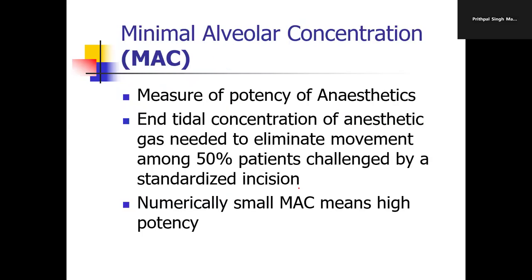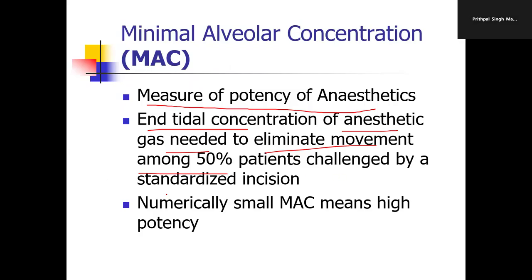Now another term that is common is minimum alveolar. So this minimum alveolar concentration is the measure of... Now how do we measure the so this is the end tidal concentration of gas that is about 50%.